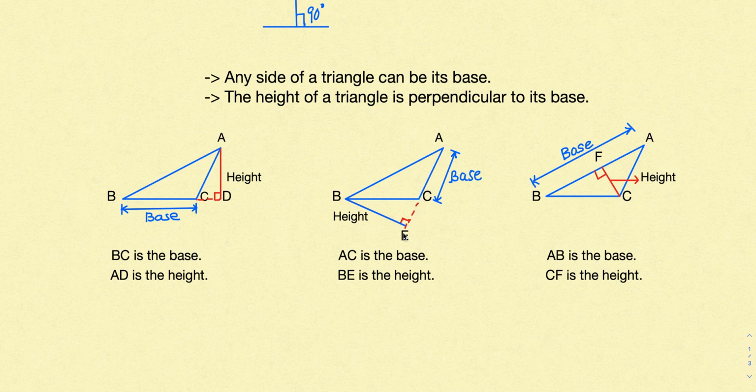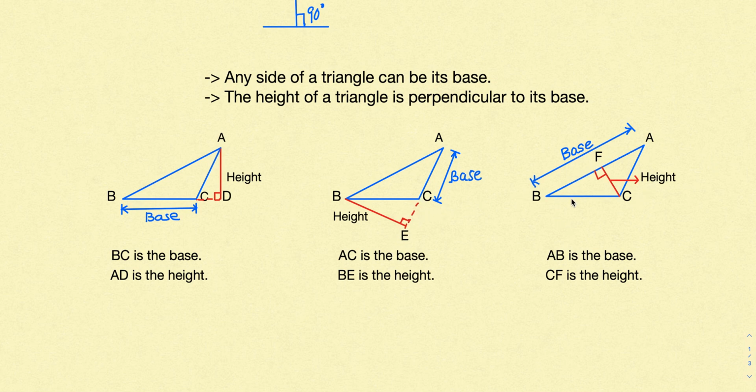If I extend my base to E and then I drop a perpendicular, yes, it's possible. So in this case, BE is my height, and it's not inside the triangle. So sometimes there might be cases where your height is outside the triangle.